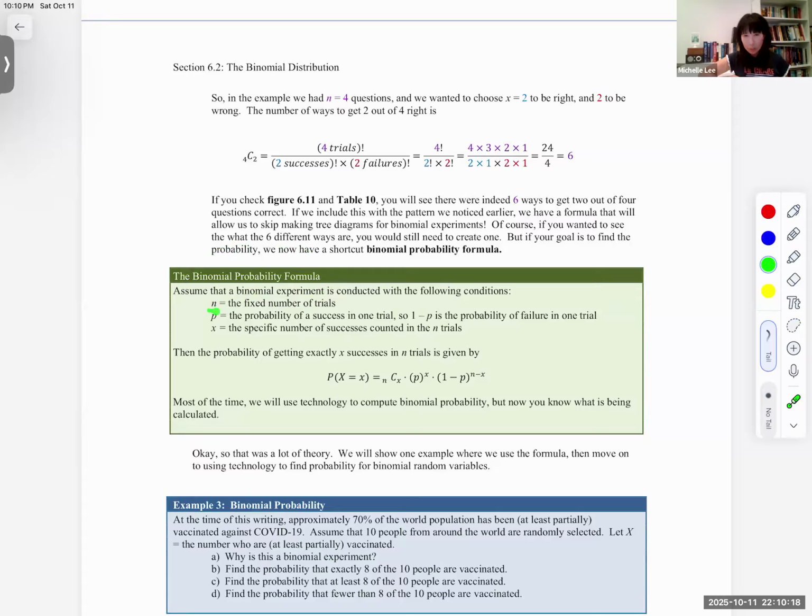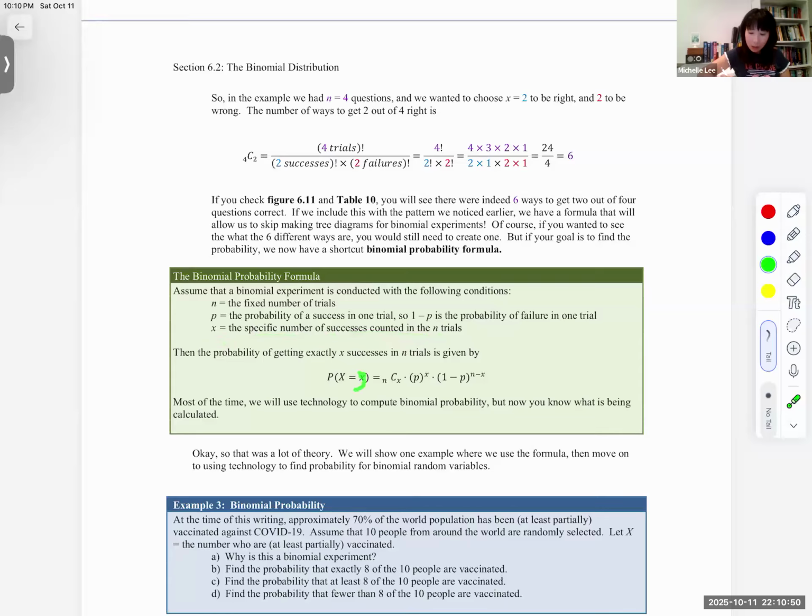Let's take a look. The symbol n equals the fixed number of trials, and p is the probability of success, right? And if we are using p as the probability of success, then 1 minus p is the probability of failure, right? Now x is the number of successes from the n trials.